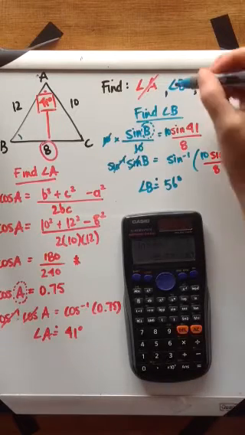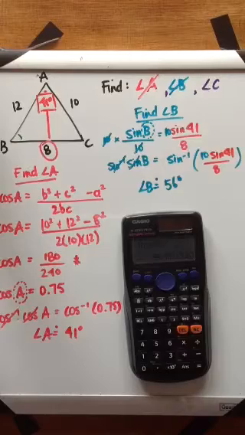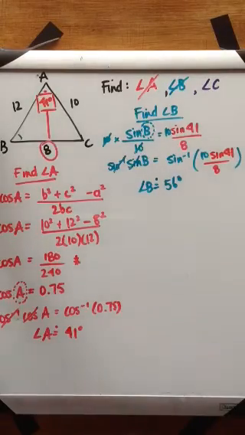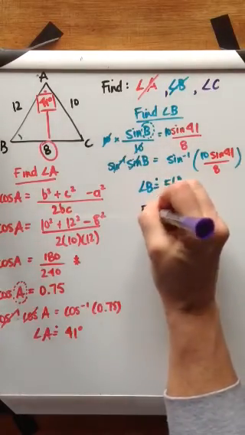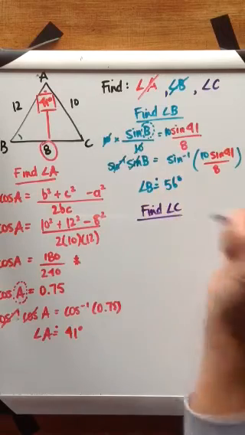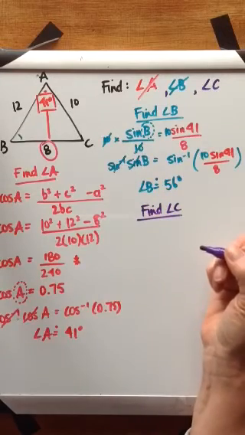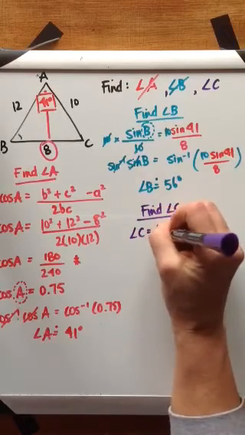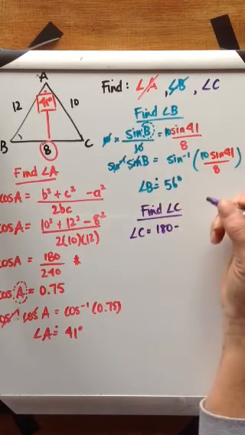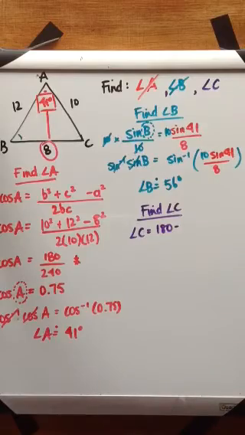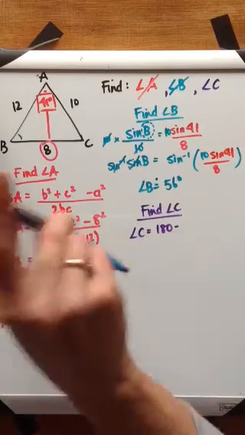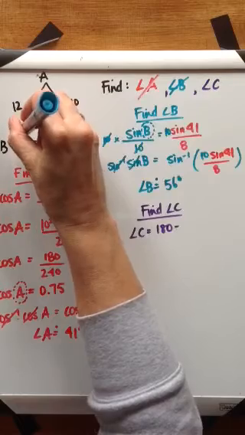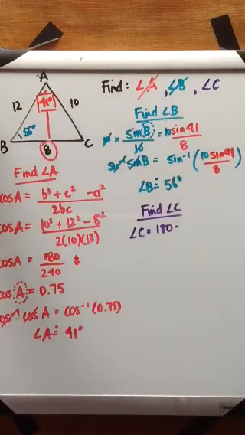All right, we've got 2 down, 1 to go. Well, once you know 2 angles in a triangle, finding the third one is a piece of cake, because we can use a very simple property that is true for all triangles, regardless of what size angles they have. We know that the third angle has to be equal to 180 minus the other 2 angles. I'm going to pause for a second here and put my angle B up because I got a little carried away and forgot to do that. 56 is here.